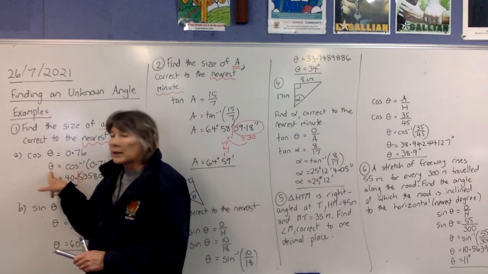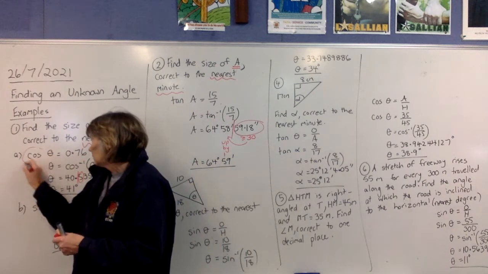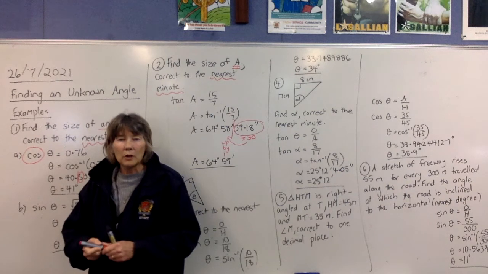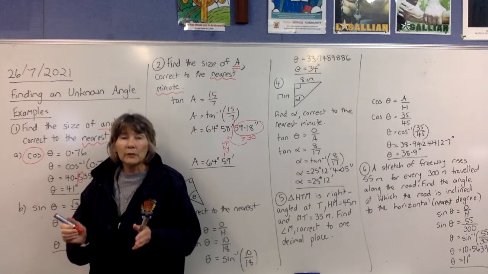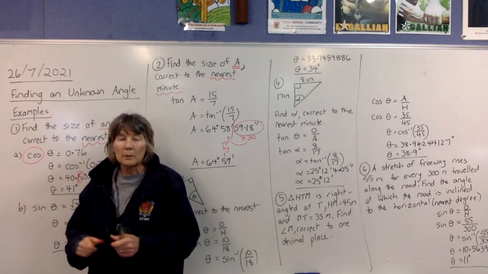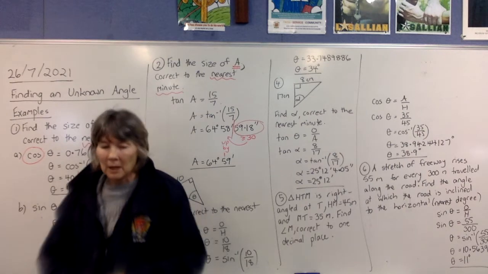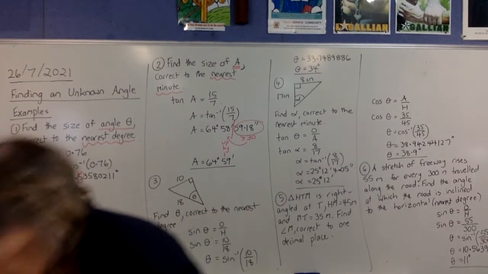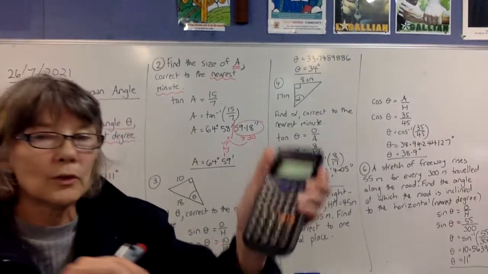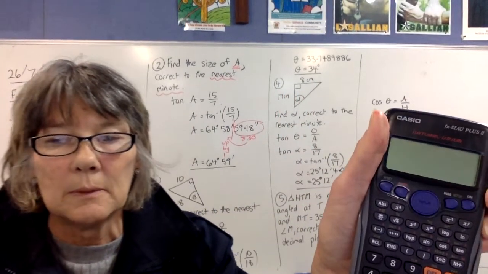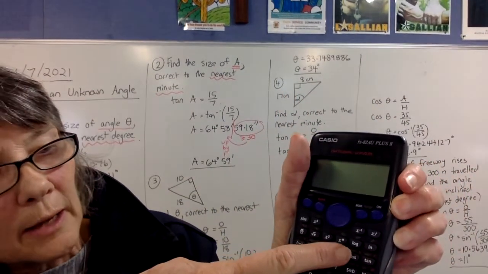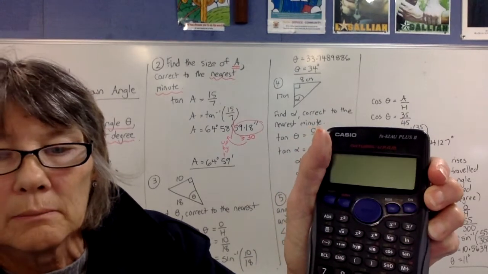If we want to get theta by itself, we need to get rid of that cos there. So to get rid of cos, we need to do the opposite operation of cos. If you look at the buttons on your calculator, you've got your sine, cos and tan all along there.